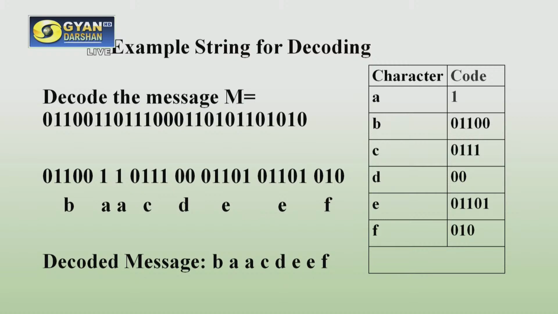There is only one code there, which is C. This is followed by 0, 0, which is only D, followed by 0, 1, 1, 0, 1, which is basically E. You can refer to that code. Then 0, 1, 1, 0, 1 once again is E, and last is F.